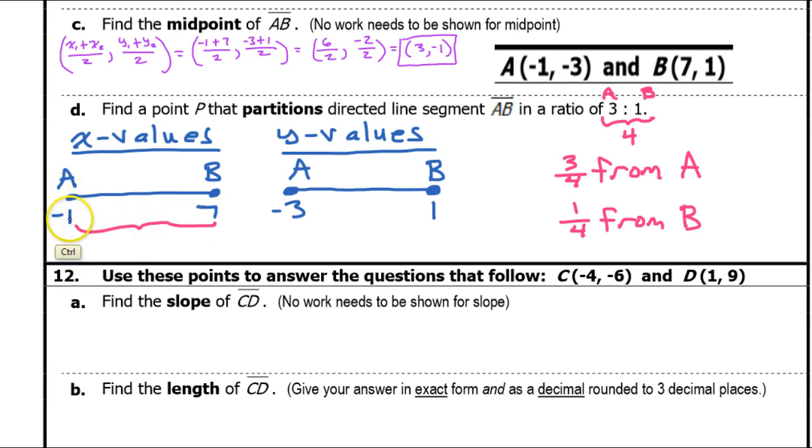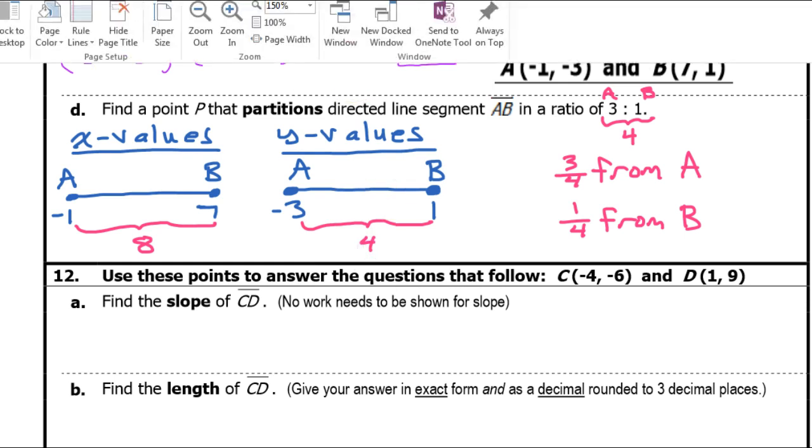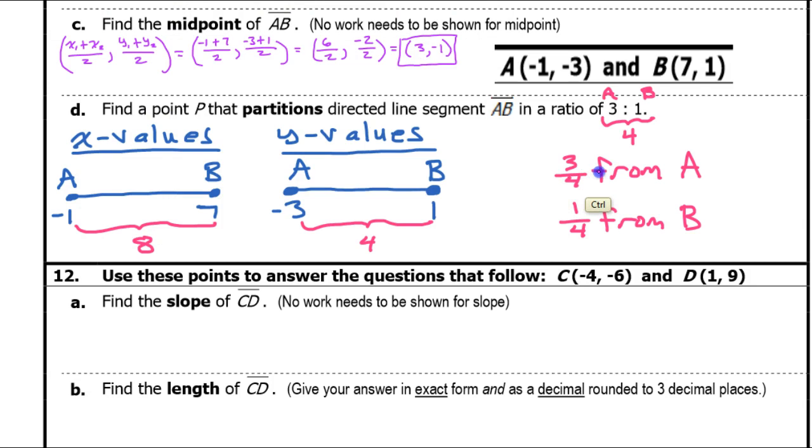Well, the distance between -1 and 7 is 8. Okay, that's the whole way. What's the distance from -3 to 1? Well, that's 4. The whole way is 4. So, my partition is going to be 3/4 of the way from A. So that means 3/4 of 8.